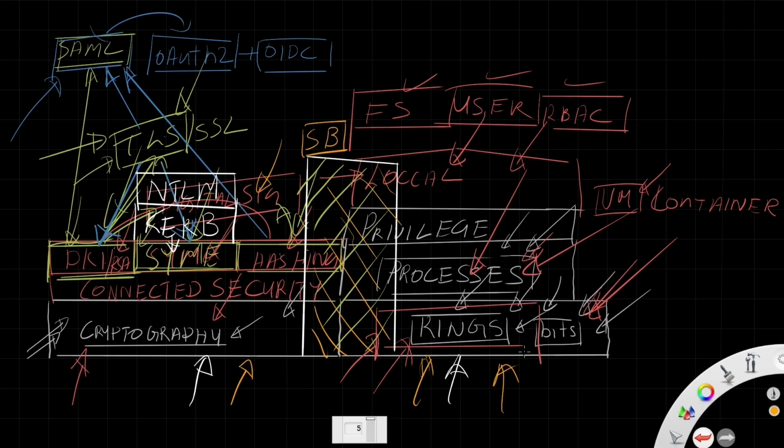Cryptography is mainly used, and this is very important because cryptography is also used in local security, for example, disk encryption and things like that, we'll see that. But it is mainly used for TLS, connected security, SAML, OAuth, and authentication and authorization and things like that. Whenever you send a packet to the network, that is when this particular pillar comes into the picture.